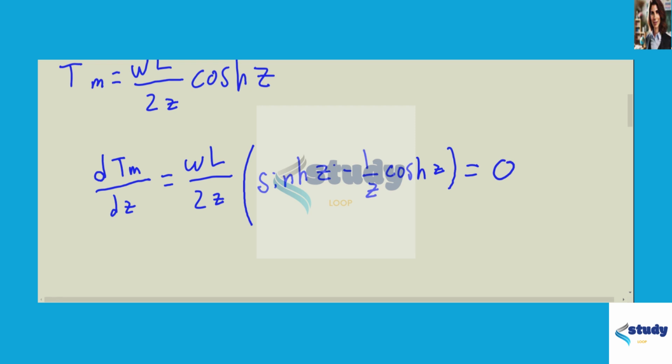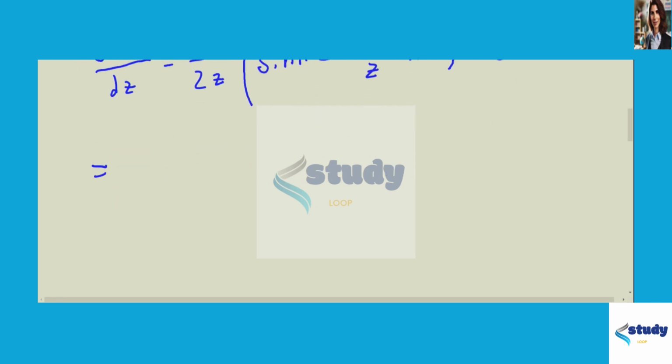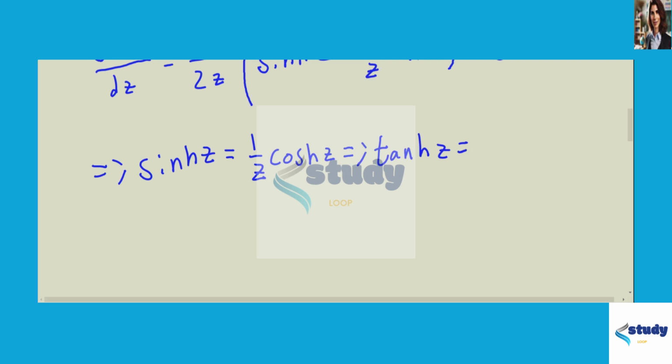And we're going to simplify this and rewrite it as the hyperbolic sine of z is equal to 1 over z times the hyperbolic cosine of z, which we can then rewrite as the hyperbolic tangent of z is equal to 1 over z.